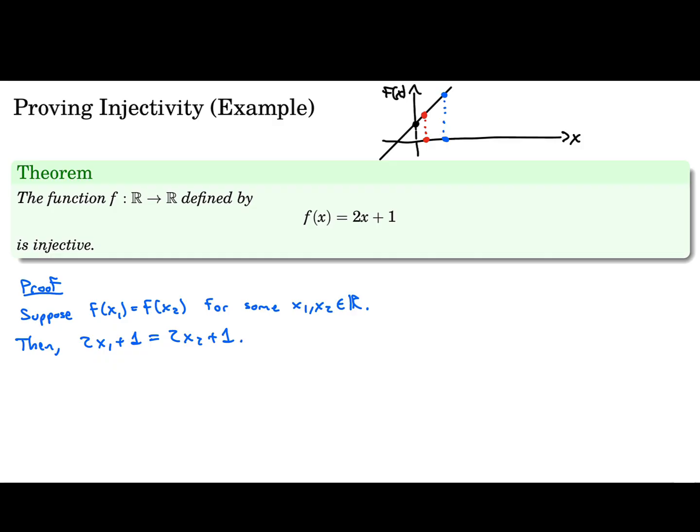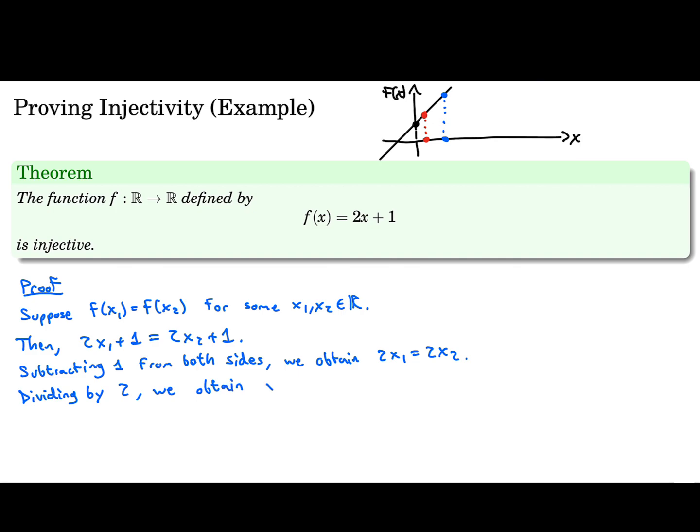Now, subtracting 1 from both sides, we obtain that 2x1 is equal to 2x2, and then dividing by 2 on both sides, we obtain x1 equal to x2, which is what we wanted to show.